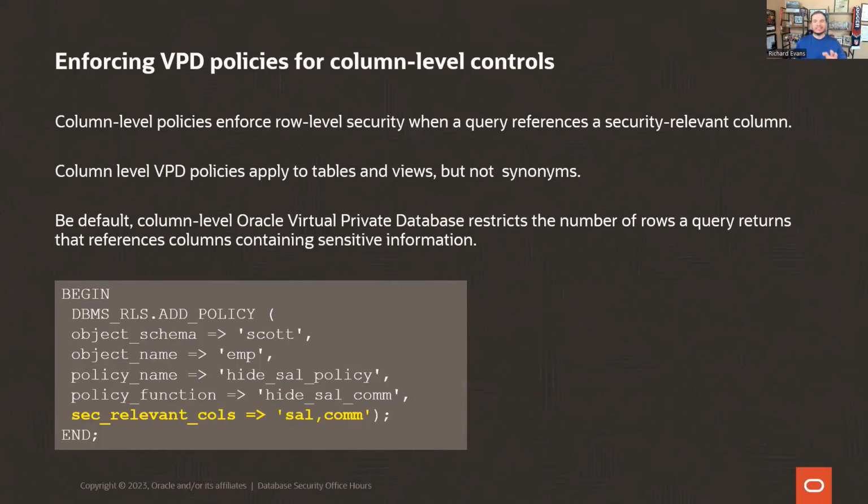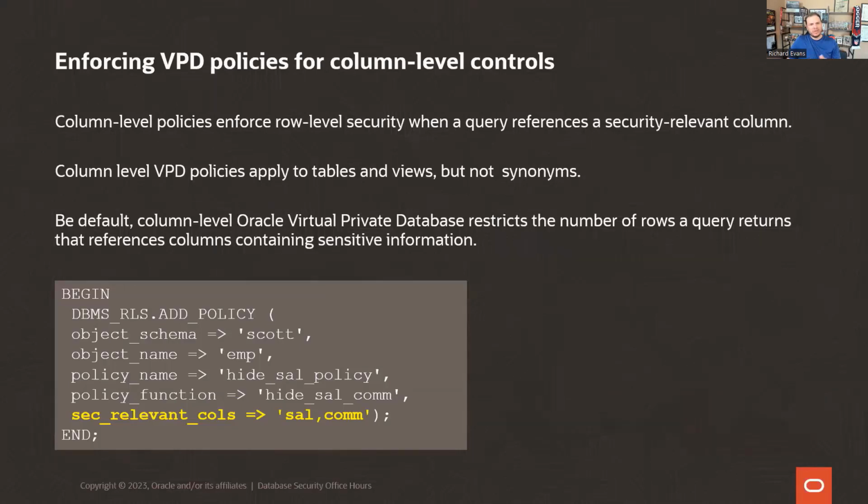We can specify the security relevant columns parameter and then say, okay, I want this to apply to these 2 columns. And now with VPD, you have a choice. It can either return only the rows that the user can see those columns for, or it could return all the rows and then just null out those 2 columns.